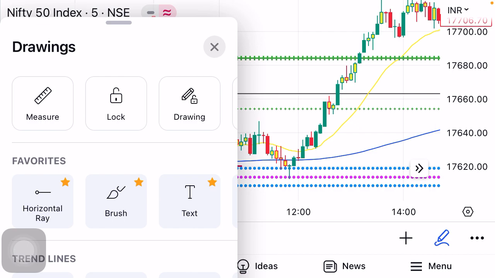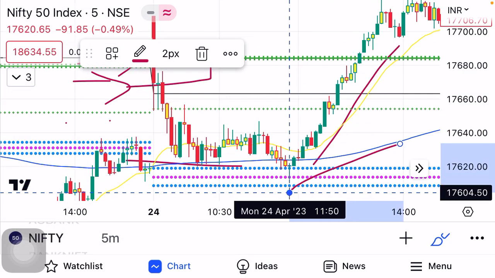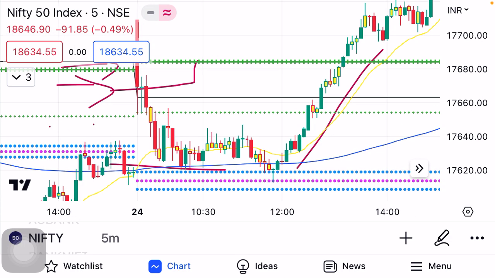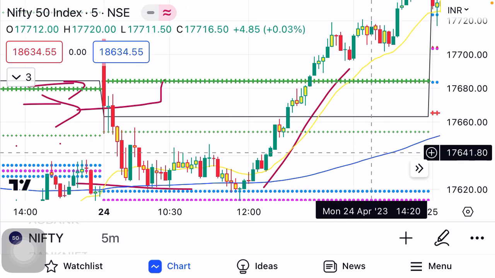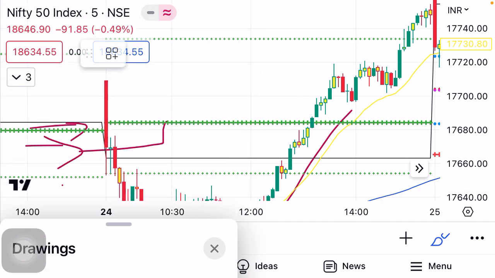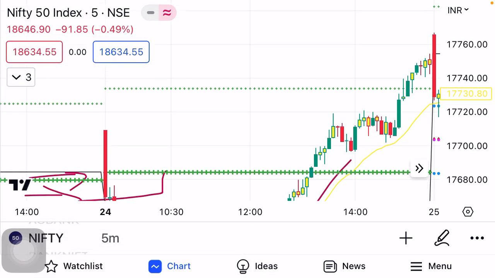So yes, you can take put position at that point. And this is a second move in the afternoon session, and it is around 11:50, right? Okay, we'll move on to the next day. On 25th, it is a very wide CPR, and observe the first 5 minutes candle.